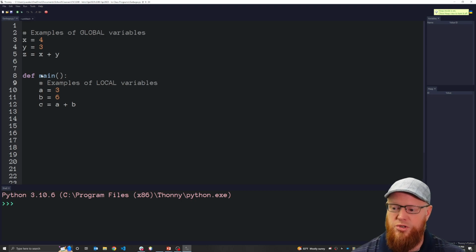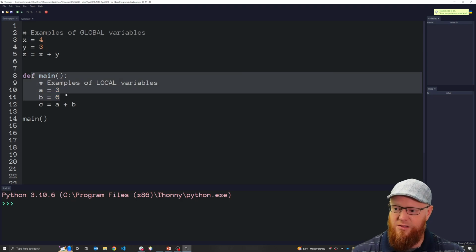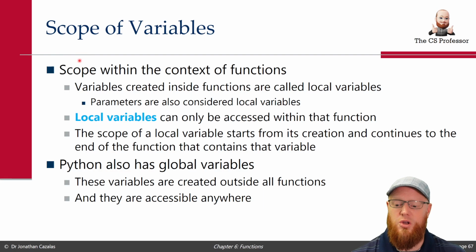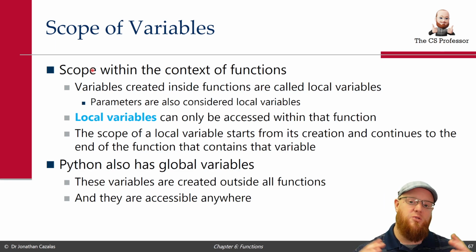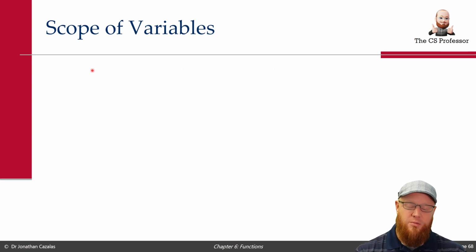They are local to this particular function. But these variables up here, x, y, and z, they are not part of a function, right? They are not inside any other function, and these are called global variables. So it just happens to turn out that the variables we've been using ever since the beginning have been global variables. Now, global variables are accessible anywhere.